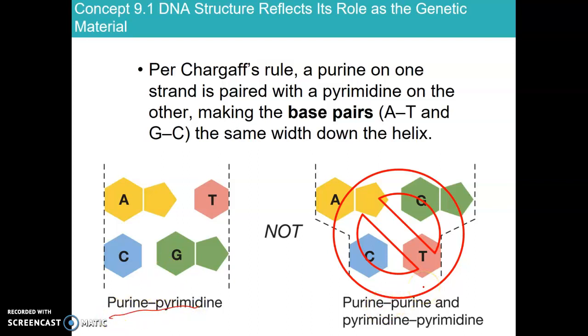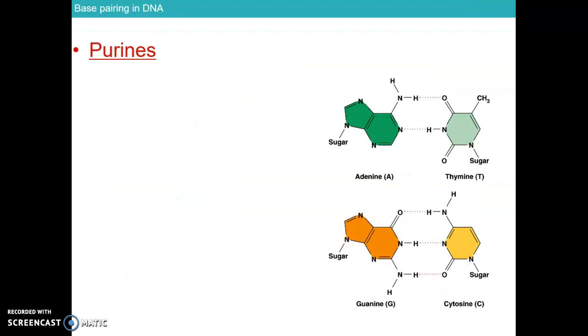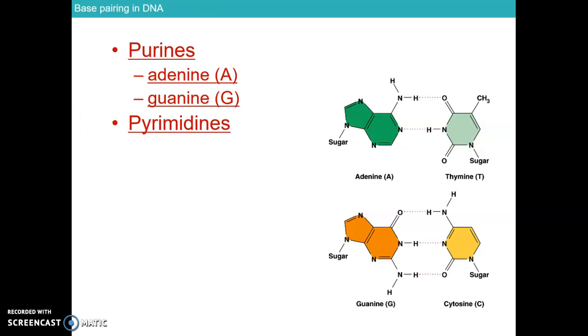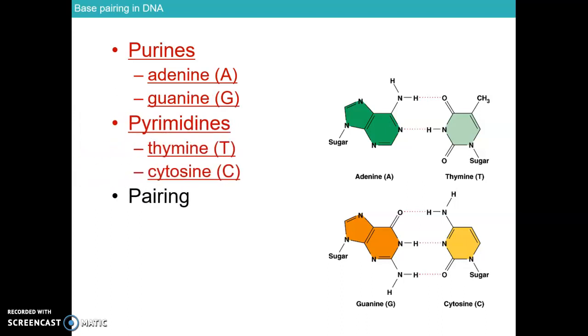So you end up with this funky structure. You get an even width of the bases down the helix. So your purines are adenine and guanine, and your pyrimidines are thymine and cytosine. A to T consists of 2 hydrogen bonds, guanine and cytosine consists of 3 hydrogen bonds.